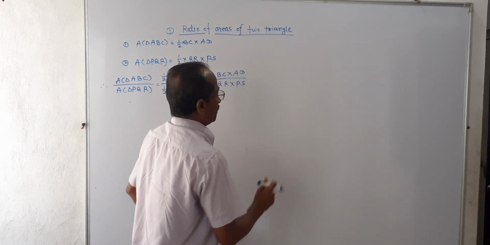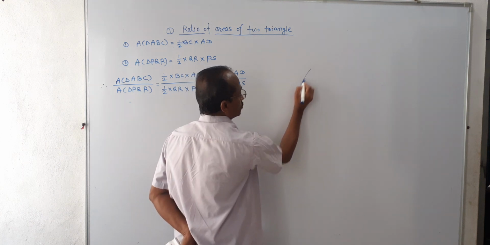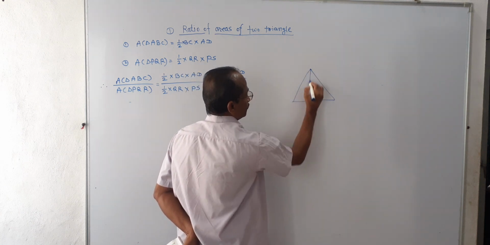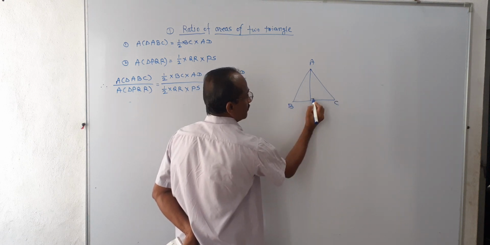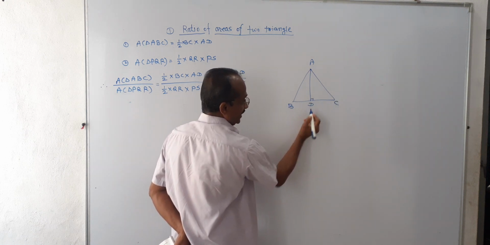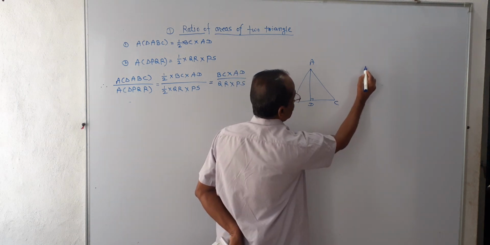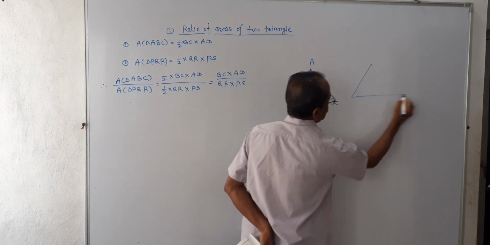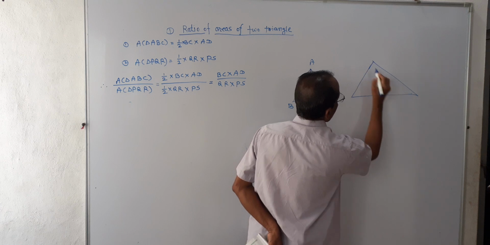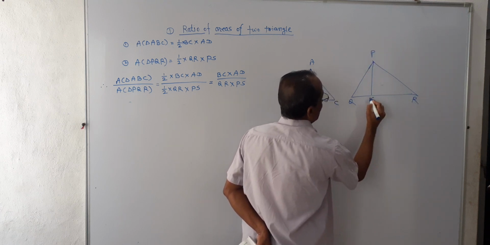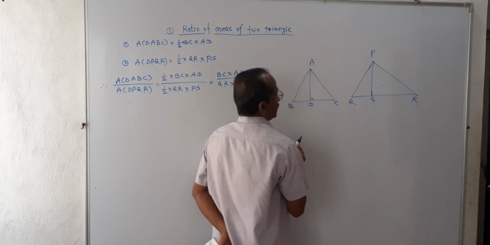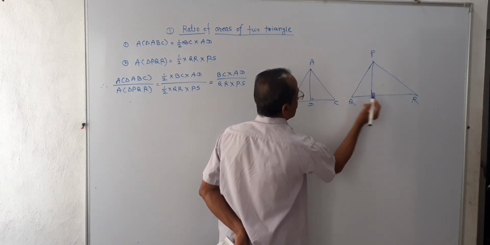So this is triangle ABC with height AD, and another triangle PQR with height PS.